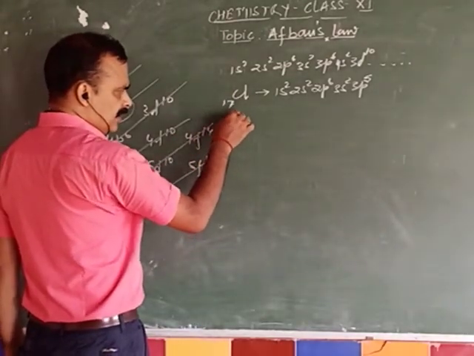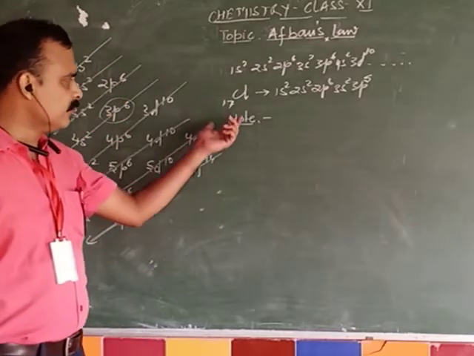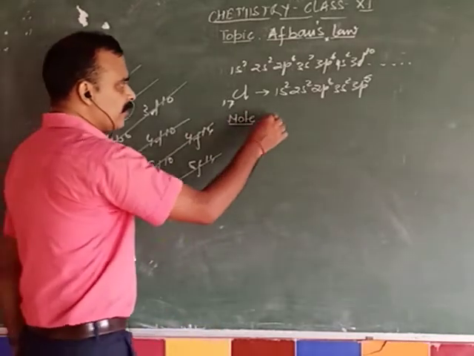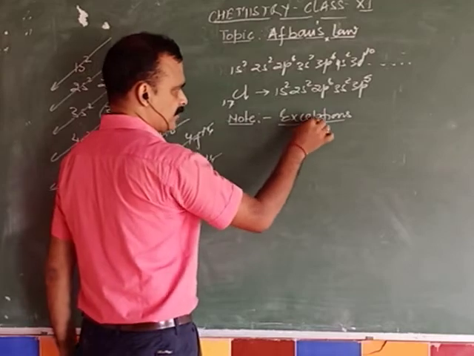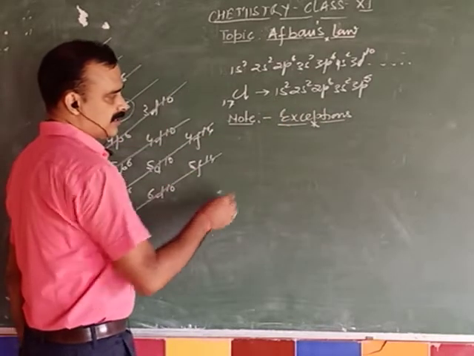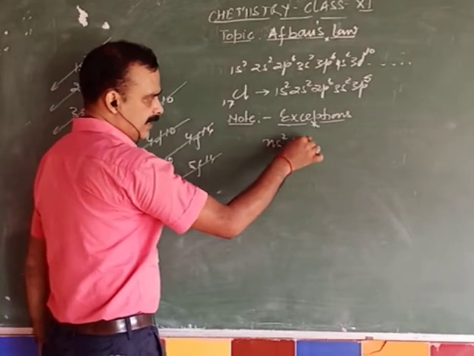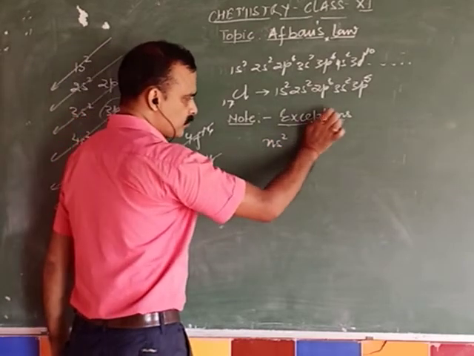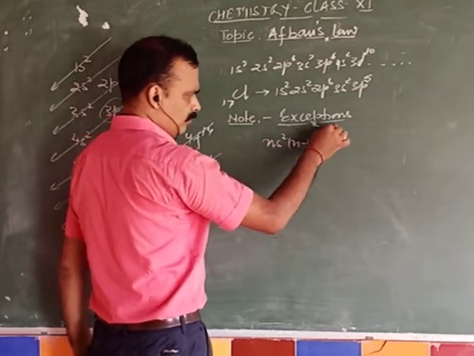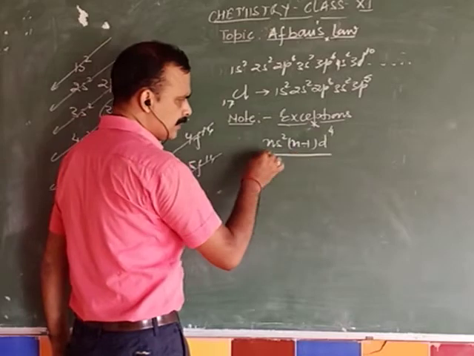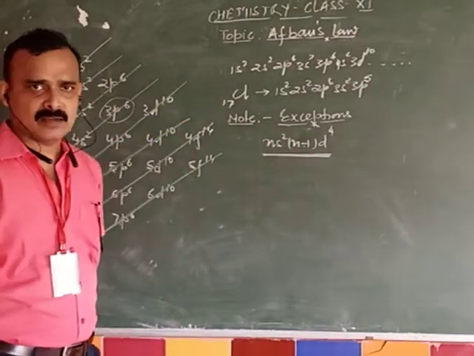One more thing I am just going to teach in this special video, that is about the exceptions. What about the exceptions? Some exceptions are there. If you are having the configuration ns2 and n minus 1 d4, then this is nearly very stable. It is very close to be stable.